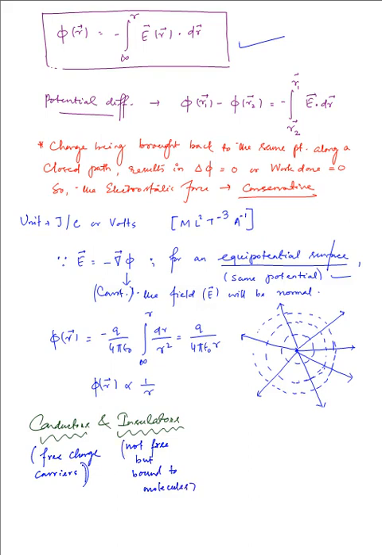As a result, when an external field is applied, the charged particles may be slightly shifted in position, but they remain bound to the molecules. Most of the non-metallic solids are insulators.